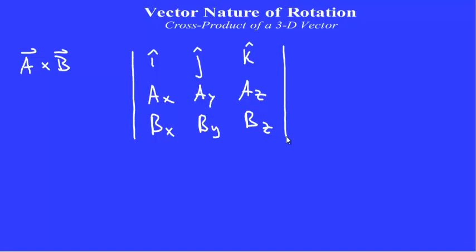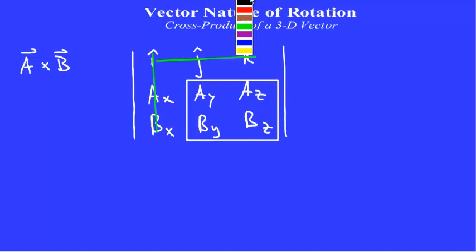If you want to figure out what the component is in the I direction, what you do is the following. Let me color code a little bit. We're going to do I first, so we're going to X those out. You look at what's left, so let me highlight what's left. What we want to do is multiply this times this, and then subtract it from this times this.